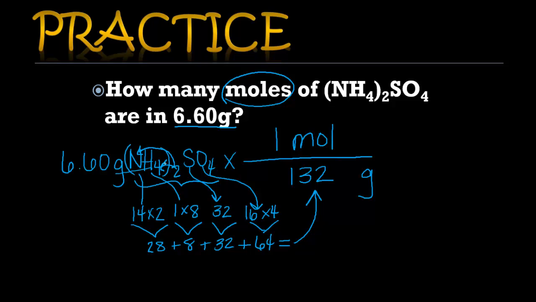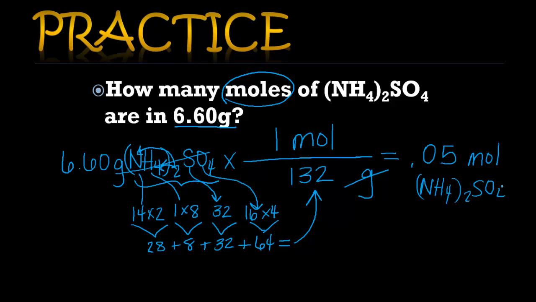So my grams will cancel, and I am left in moles. So 6.60, I'm going to divide that by 132. And I get 0.05 moles of (NH4)2SO4.